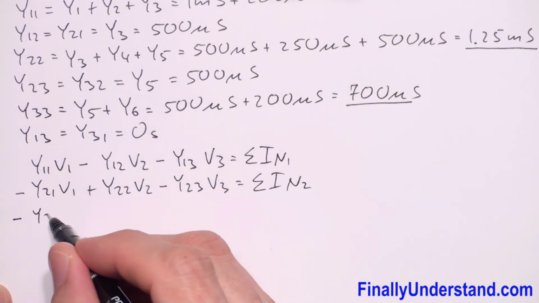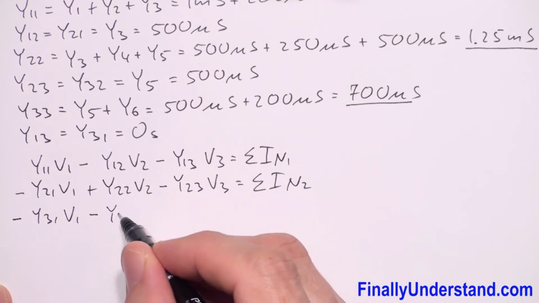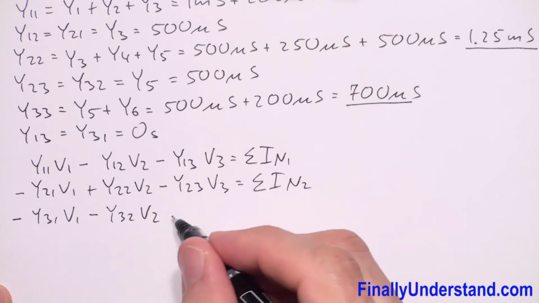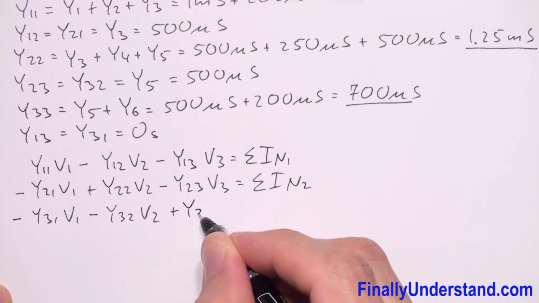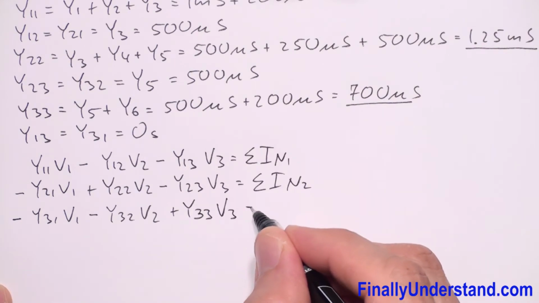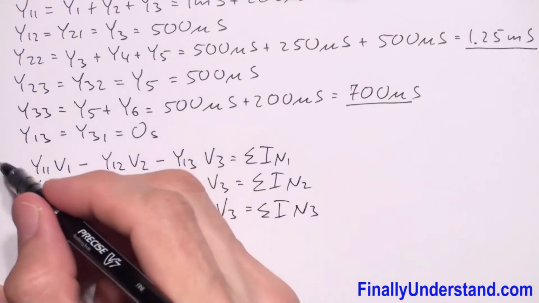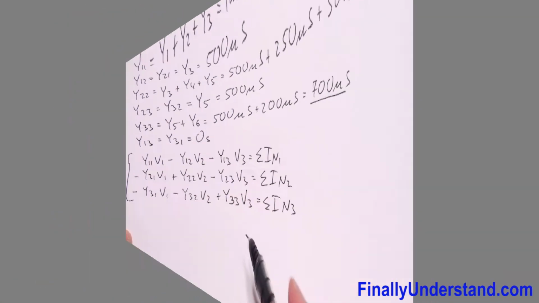Negative Y31 V1 negative Y32 V2 plus Y33 V3 is equal sum of the currents at node 3. Okay, so this is my formula.